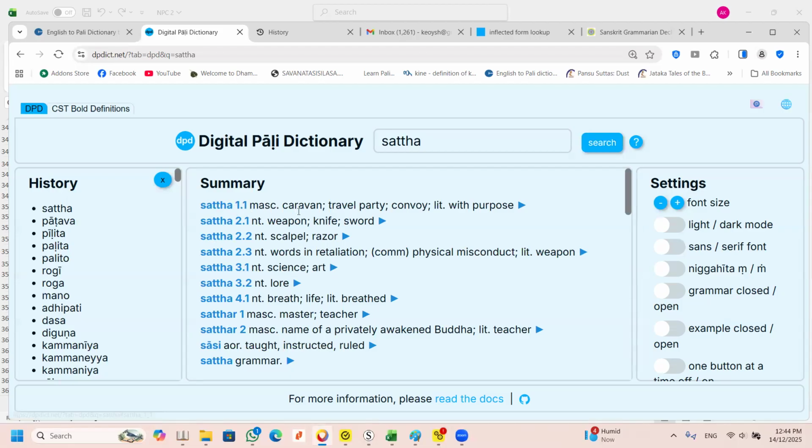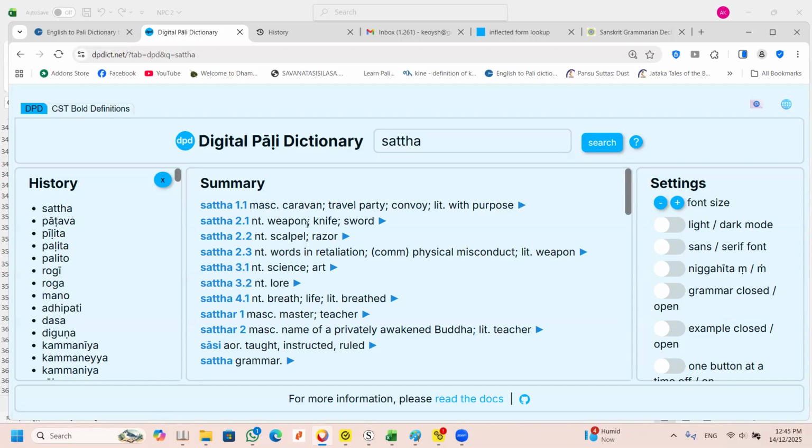We cannot take caravan. We cannot take weapon, knife. We also cannot take this physical misconduct. Also cannot. So the only thing is this, or 3.2. We also cannot take this. Satta can also mean teacher.